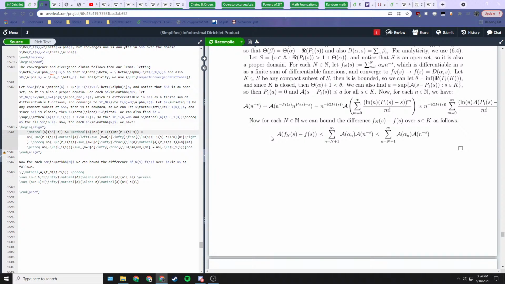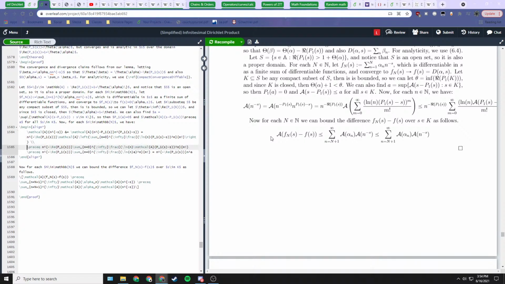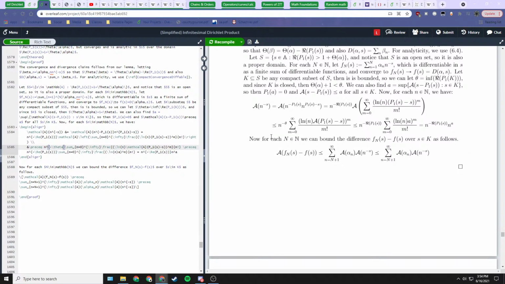Right, okay. Now we can do the bound. So here, instead of doing n power minus real part P1 of s, we can just do n power minus theta. And then this has the A pulled in, which is then bounded by that. This is still negative theta. Actually, yeah, that's fine.